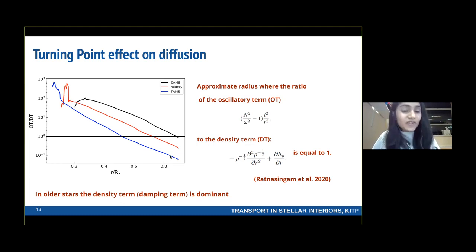What happens at the turning point is that the waves lose their wave-like behavior, and therefore experience extra damping. As you can see from the plot, in older stars the density term dominates towards the surface, and therefore it causes extra damping.